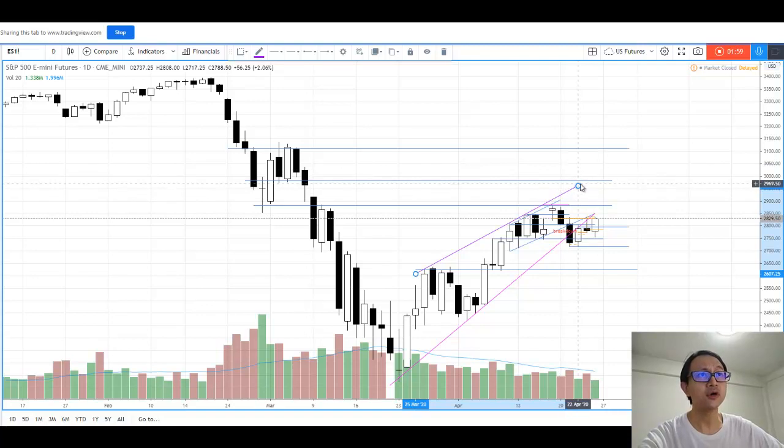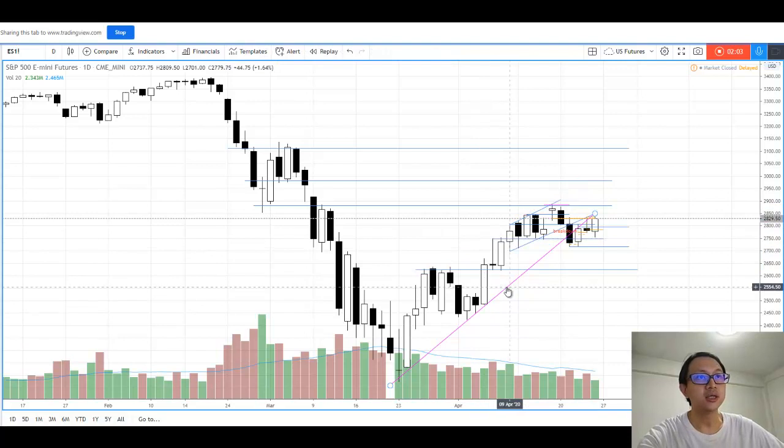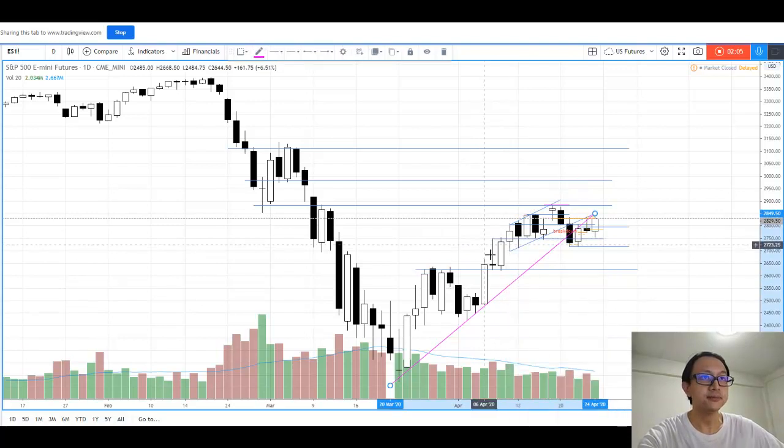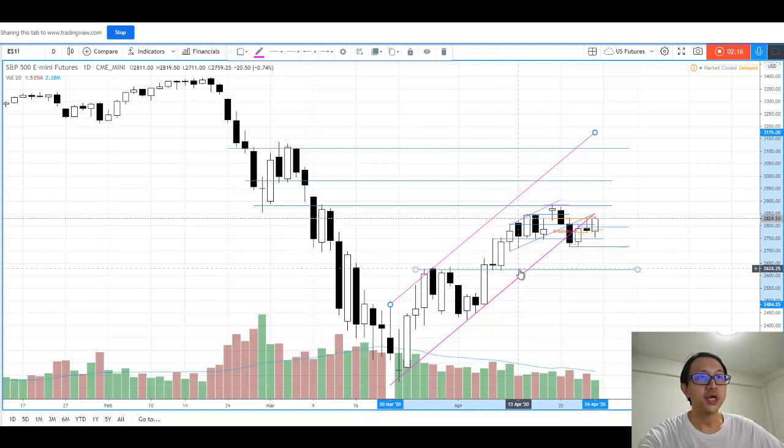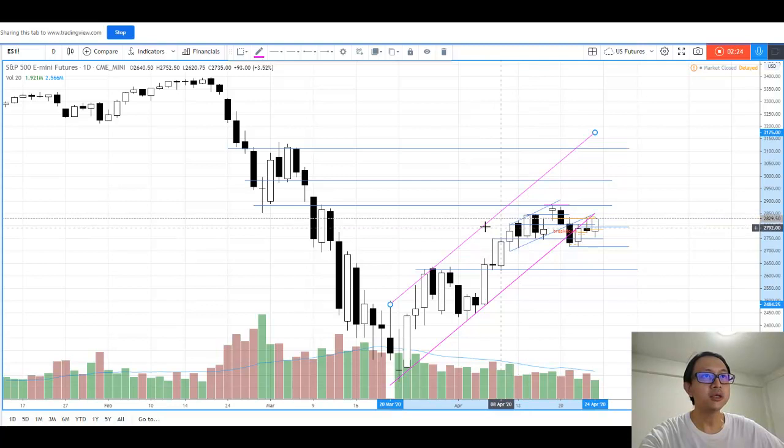First of all, let's delete this line and clone this. Let's clone again. Alright, so now we have a channel. As you can see, when the price bounces up and down here, up to somewhere around the middle, it fails to touch the overbought line.